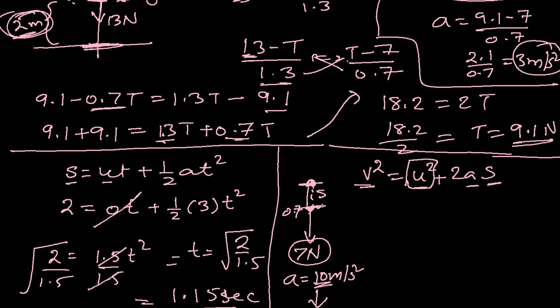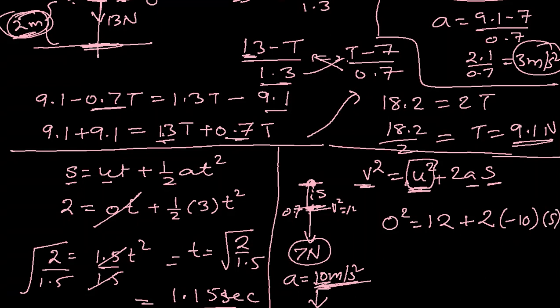So now v square is 0, u square is 12, plus 2 times, acceleration we know is minus 10 downwards, and s we want to find out.